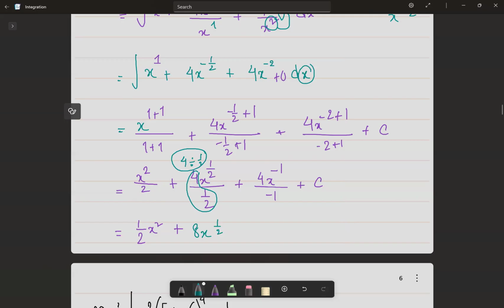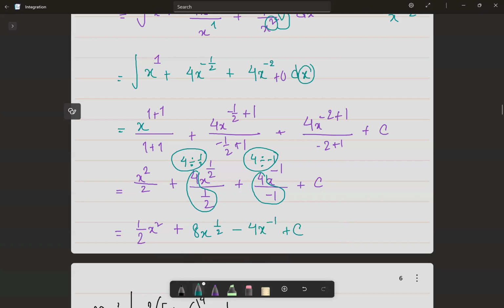And then 4 divided by minus 1, you will put 4 divided by minus 1 in the calculator for these two, and you're going to get minus 4 x to the power of minus 1 plus c.